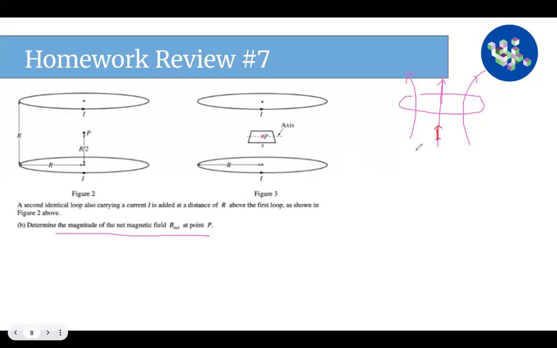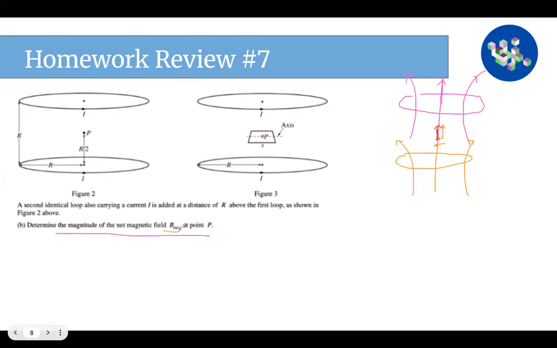Now if I have another wire on the bottom, the same thing: if I draw the magnetic field lines, it again looks like that. Looking at the point P again, the contribution of the magnetic field due to the bottom wire loop would be that way.